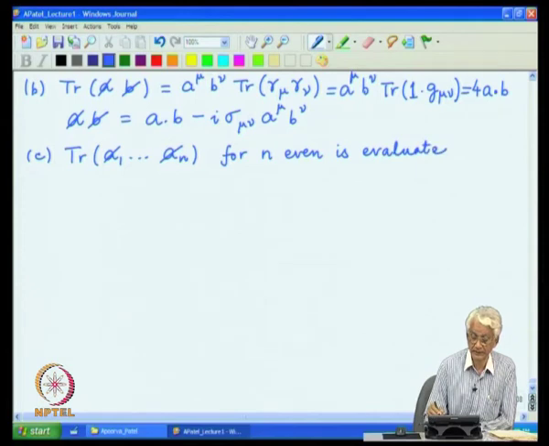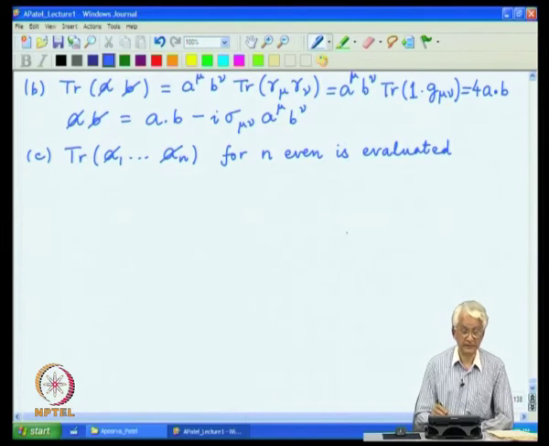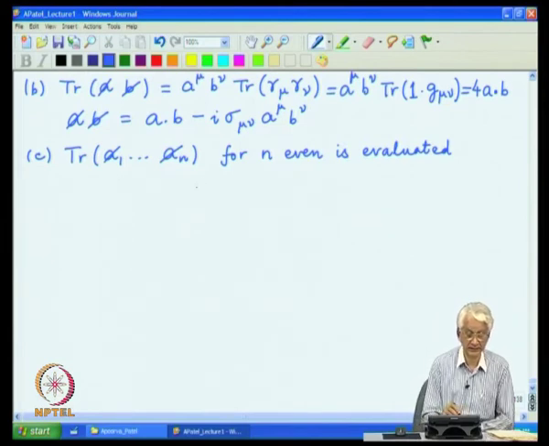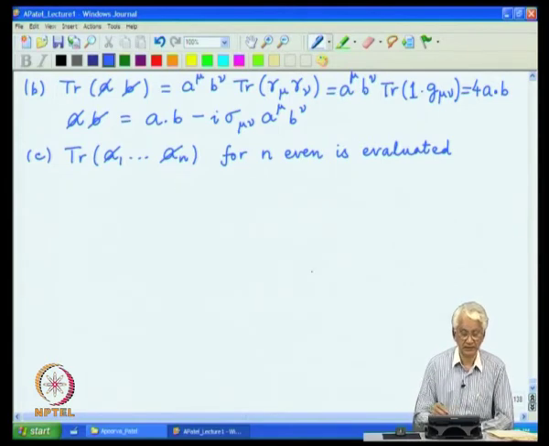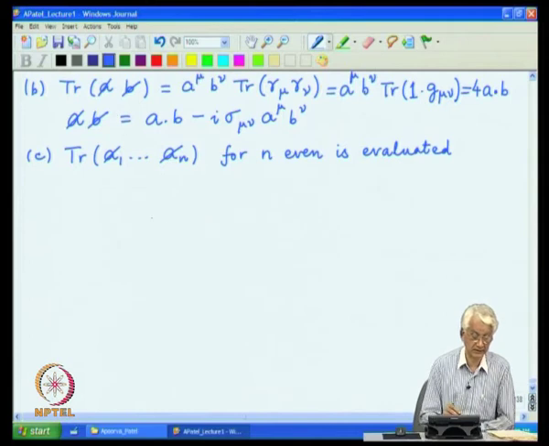The procedure is to use this identity involving two gamma matrices to reduce this trace of n objects to trace of n minus 2 objects, and then use it by induction all the way down till one gets down to product of only two matrices, where the previous identity can be used.